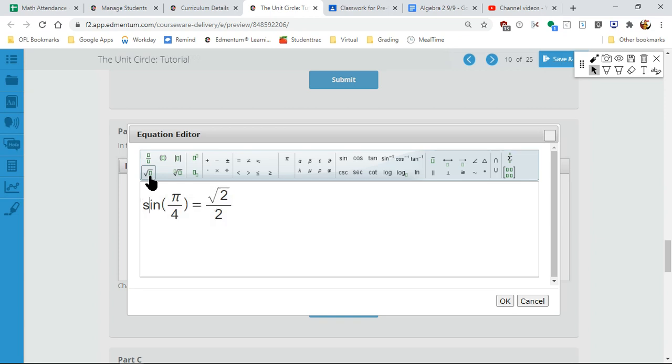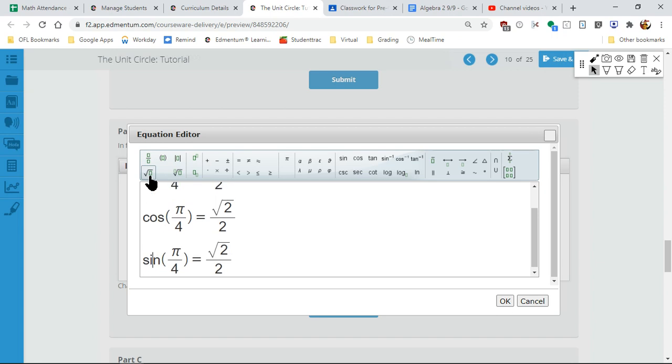Luckily, remember I said that 45 degrees is the easiest one because all you have to do here, for all you other lazy people out there, you just have to type that in. Boom, it's already correct because our cosine and our sine are the same.